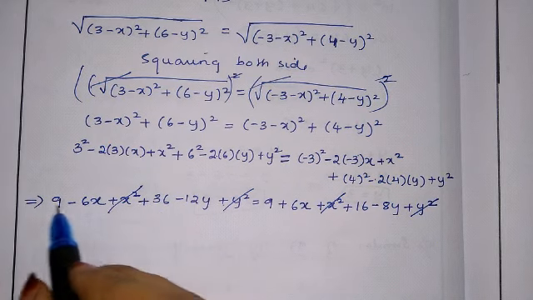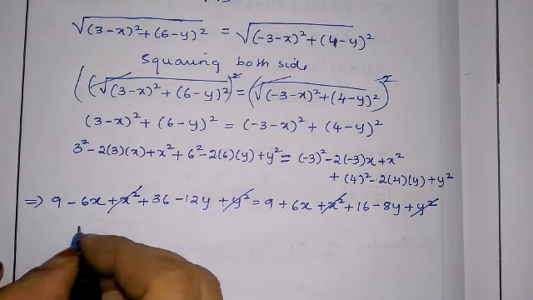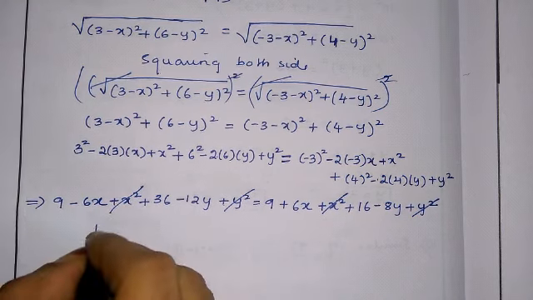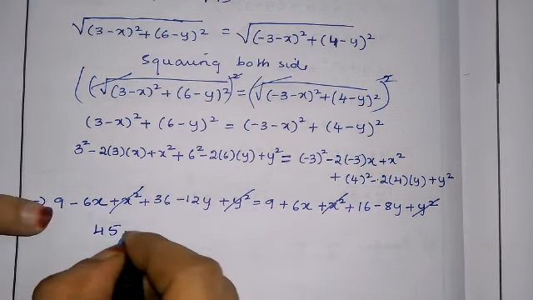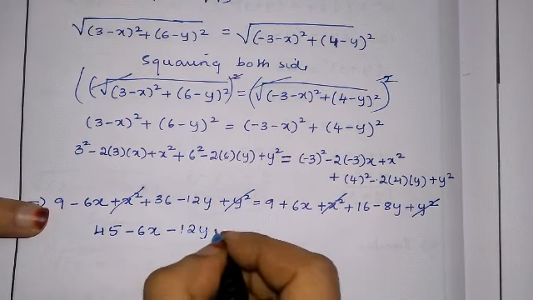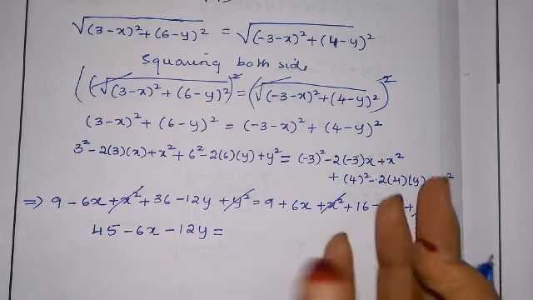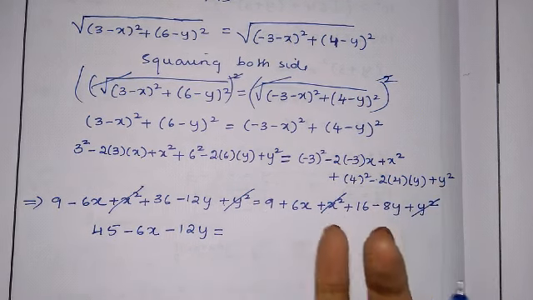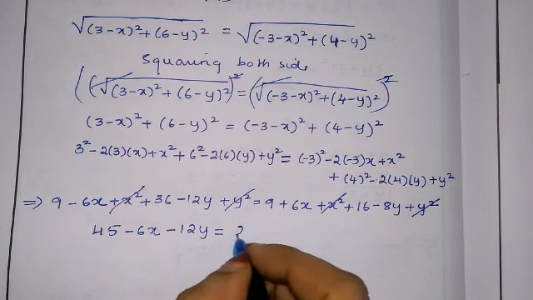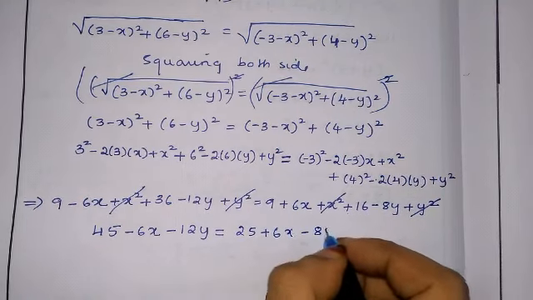36 plus 9, 45. Okay, 36, 37, 38, 39, 40, 41, 42, 43, 44, 45. 45 minus 6x as it is, minus 12y as it is. This side 16 plus 9, what? 9, 10, 11, 12, 13, 14, 15. So 25 it is. So here this side 25 plus 6x minus 8y.